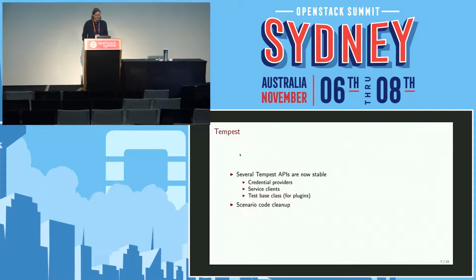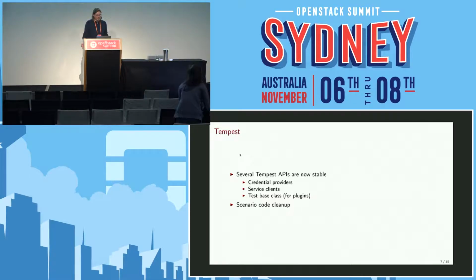So we added to the stable APIs a few key functionalities like credential providers, which is a mechanism that allows you to get test credentials for your test. You can use either dynamic credentials or pre-provisioned credentials, but the important point is that this allows you to have isolation between tests, because every test is running on independent credentials.